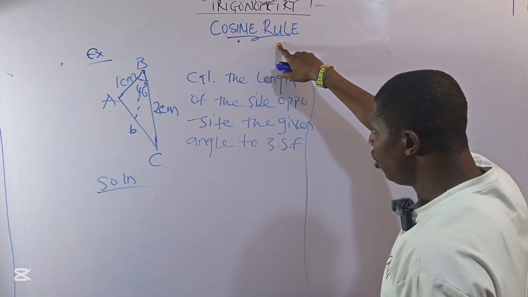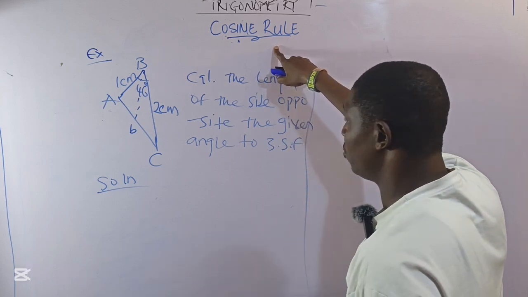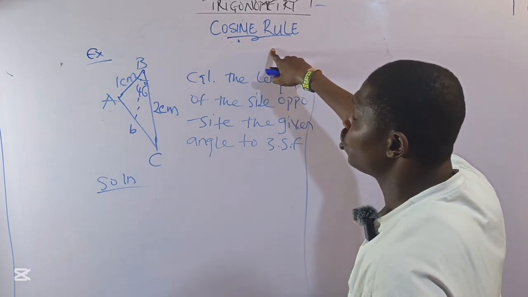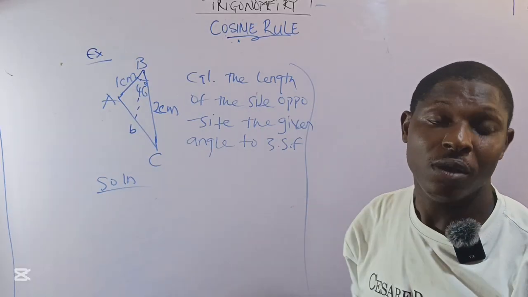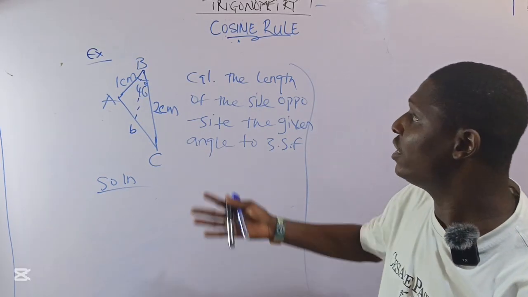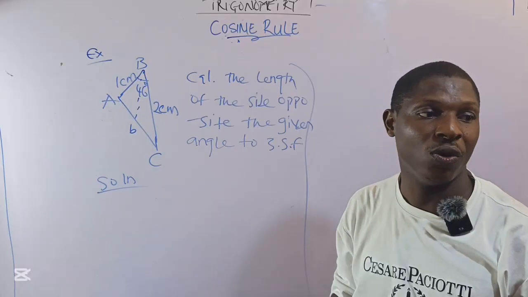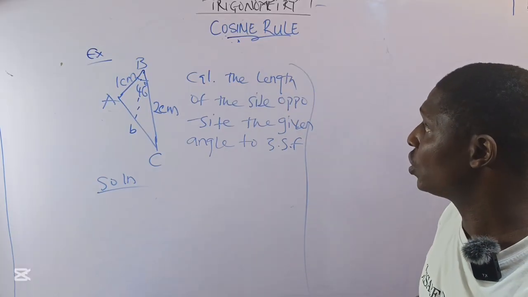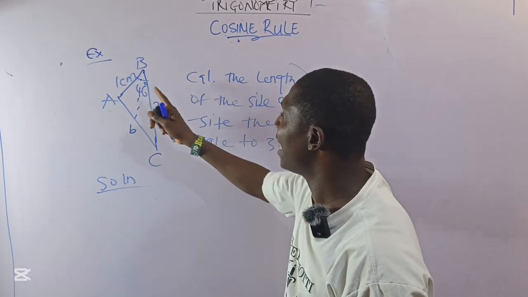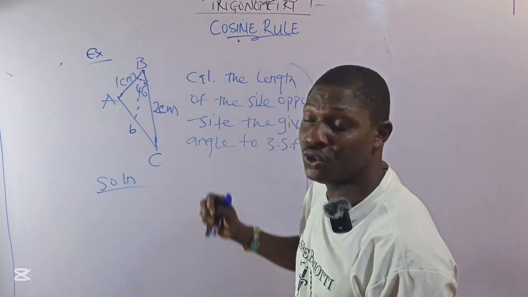Please take note, not because we are treating cosine rule, you should just assume it's cosine rule. Sometimes they can give you the question and you won't know if it's sine rule or cosine rule. It's how the question is given that tells you which formula or rule to use. Now we are given two sides and the included angle, we must use cosine rule.